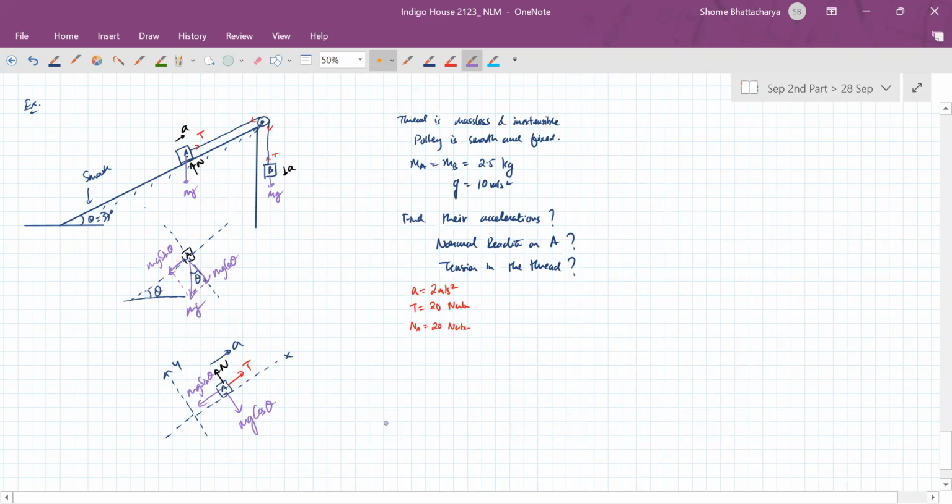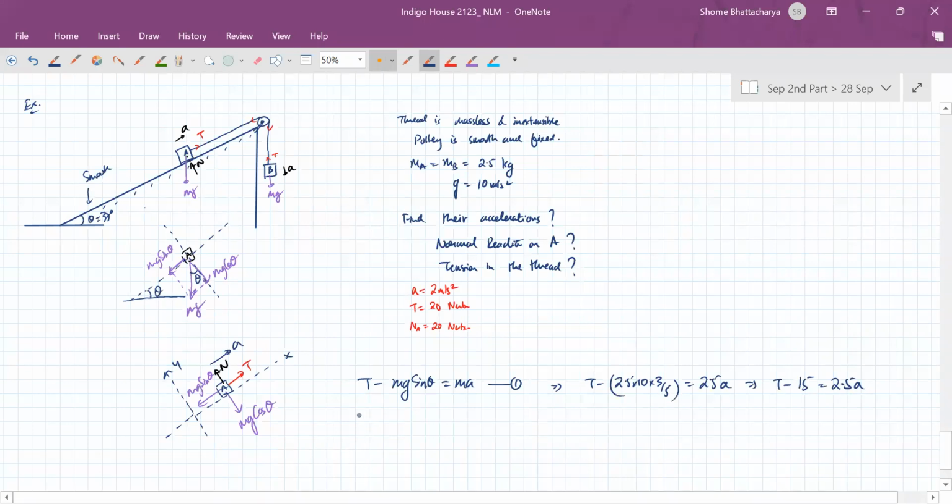So this is the free body diagram for A, and this will give us the equation. Along the x-axis we'll have T minus mg sin theta is equal to ma. This equation becomes T minus 2.5 into 10 into 3 by 5 is equal to 2.5 a, or T minus 15 is equal to 2.5 a.